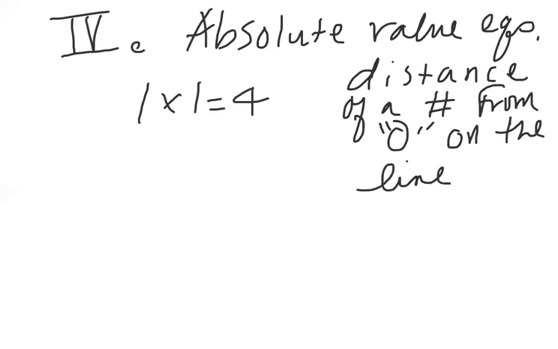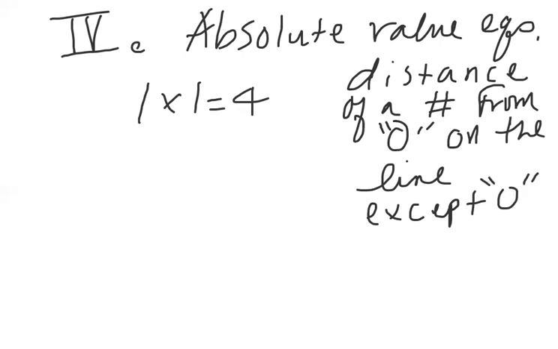Distance is always positive except for 0. So whenever you take the absolute value of a number, it's always going to be positive except 0. Besides 0, distance is always positive.